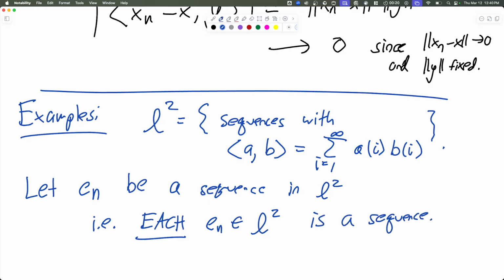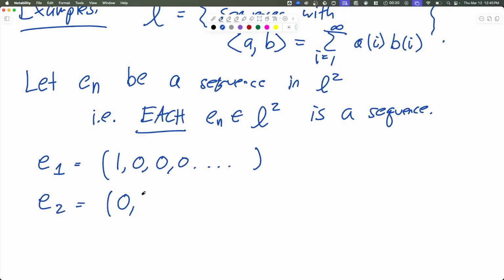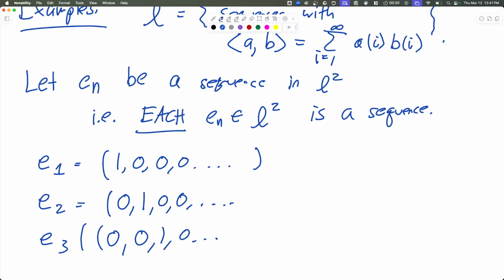So it's a sequence of sequences. Okay, I'm going to tell you what they are. E1 is the sequence 1, 0, 0, 0, dot, dot, dot. I should write it like this, because order matters. E2 is the sequence 0, 1, 0, 0, dot, dot, dot. E3 is the sequence 0, 0, 1, 0, dot, dot, dot.